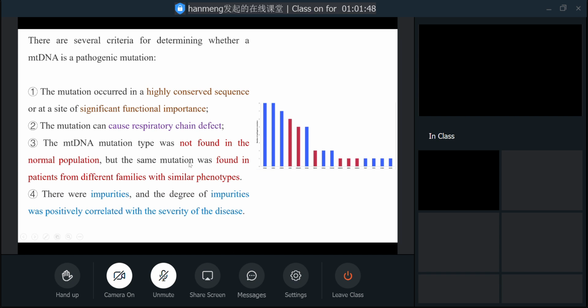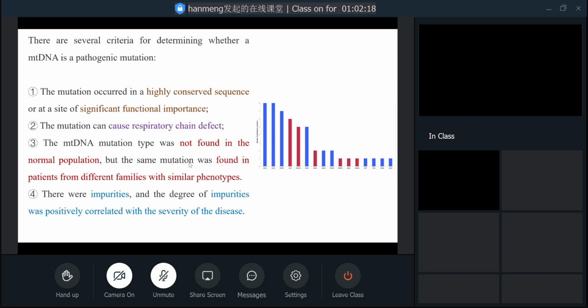So, if you want to determine the mutation is the genetic mutation for a certain disease, then you need more than 2 families with similar phenotypes, similar disease, to carry on your study.